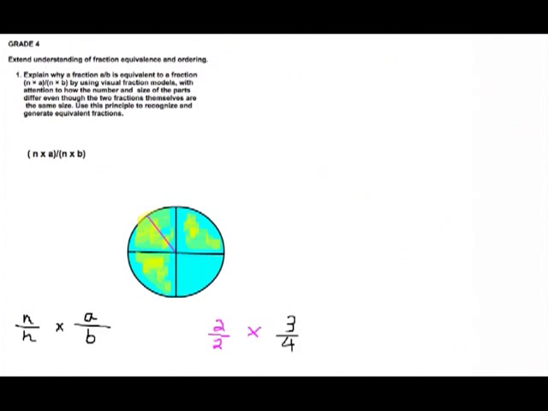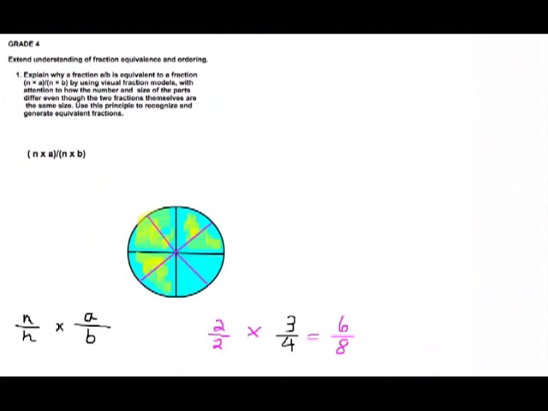So now what we have is 1, 2, 3, 4, 5, 6 pieces. But again, notice that nothing changed. I still have the same whole, and even though I've chopped it up into more pieces, I now have 6. It's still the same size out of now a total of 8 pieces. So the 6/8 is still equivalent to the original 3 over 4.